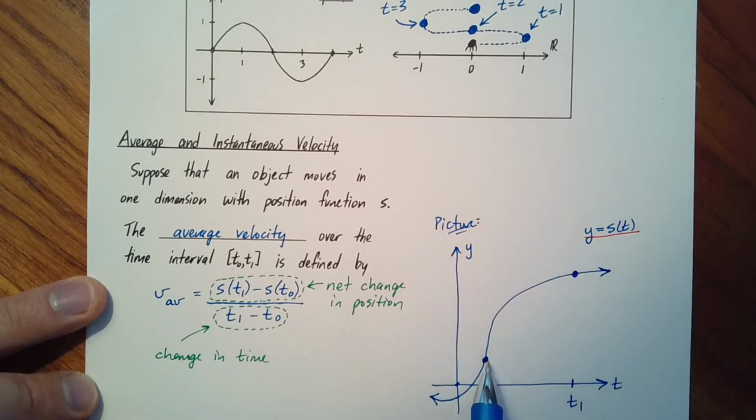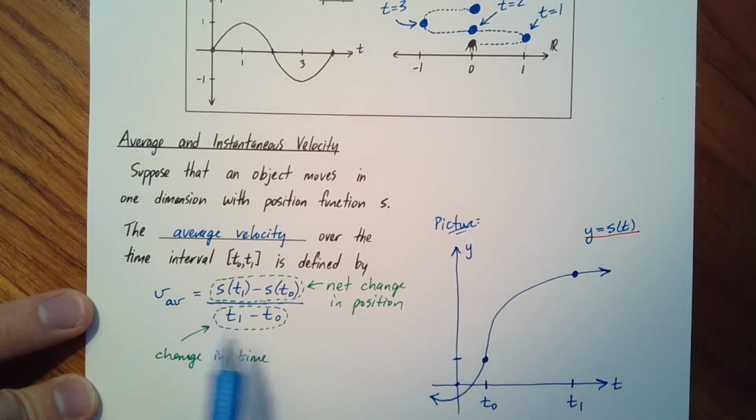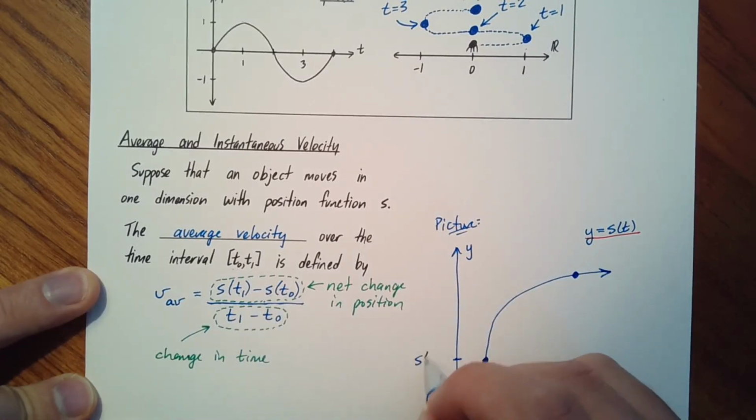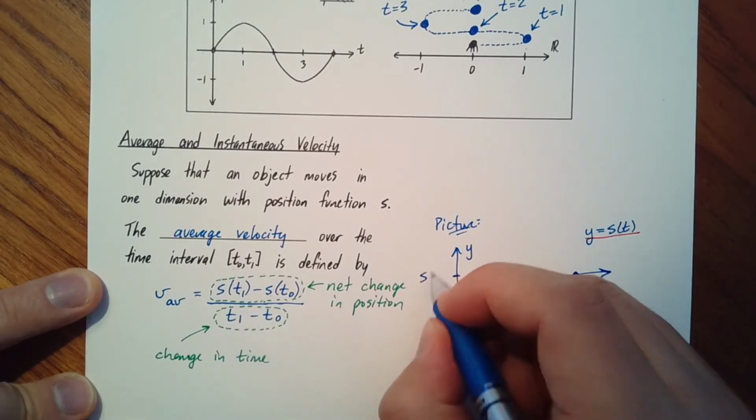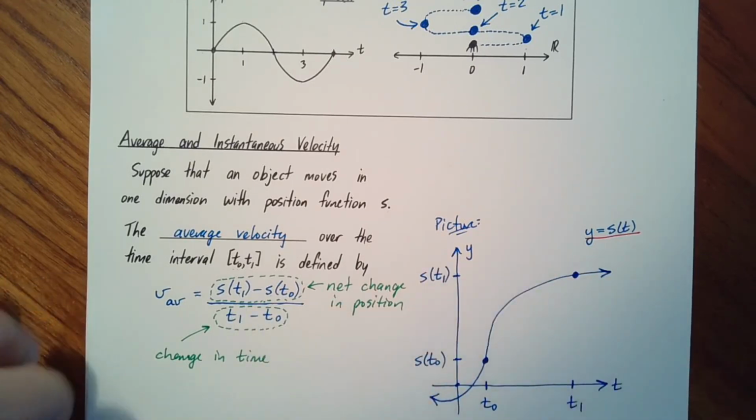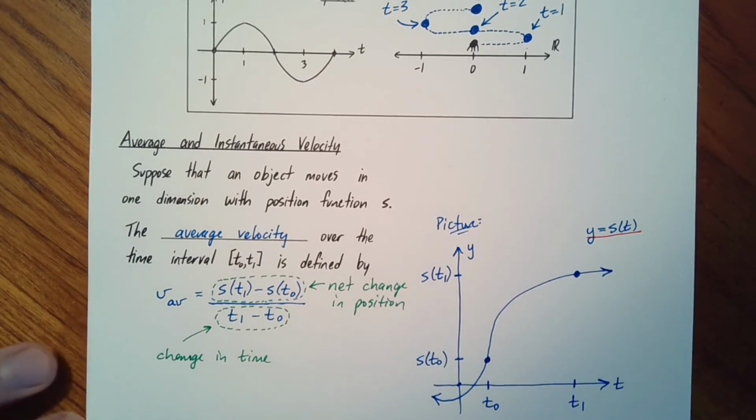The y-coordinate of this point is actually the position of the object at t0. This is s of t0 right here on the y-axis, so we can label that. And whatever the y-coordinate at this point is, over here, that's going to be s of t1, the position of the object at time t1.